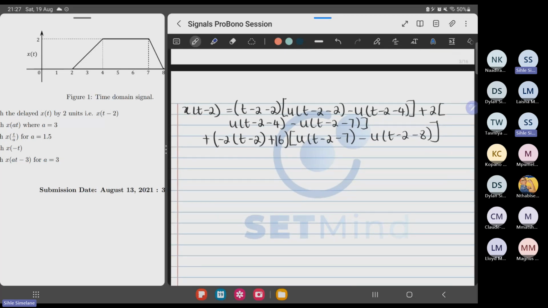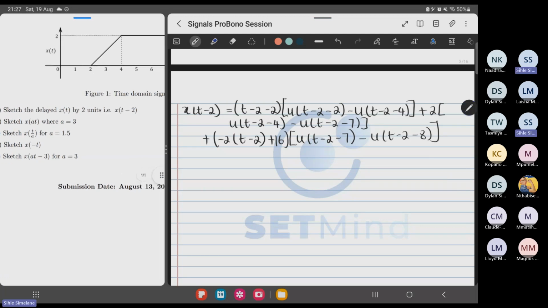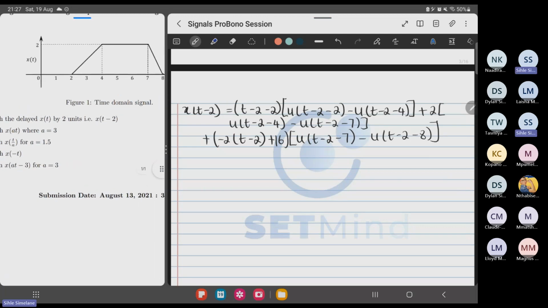Because if you remember the problem we did earlier, if you were in the session, they said we should sketch this, and we did. So let's quickly rewrite our expression.